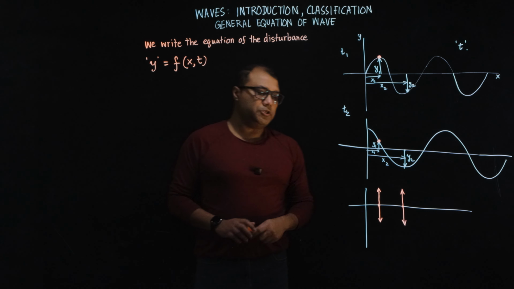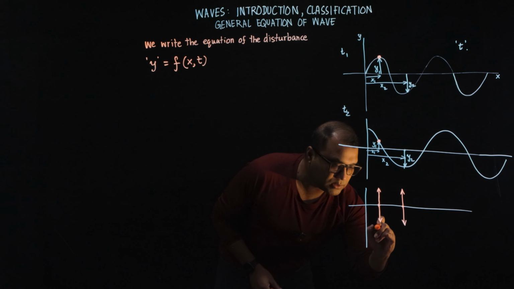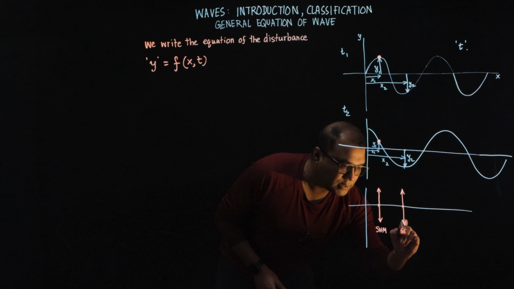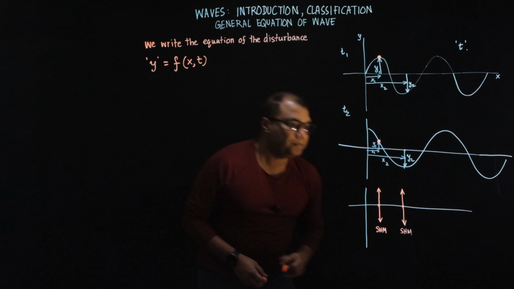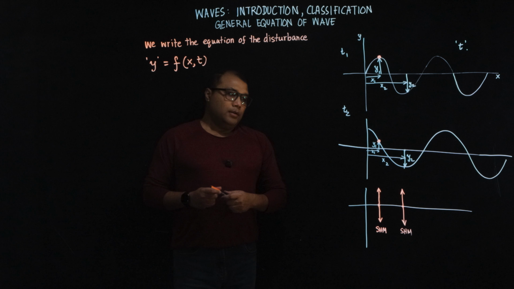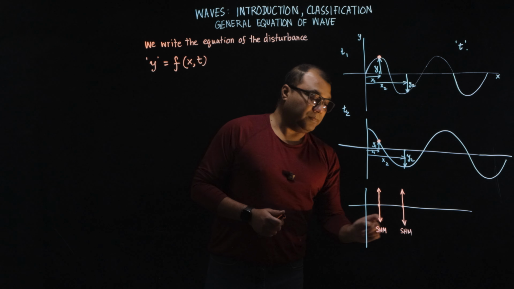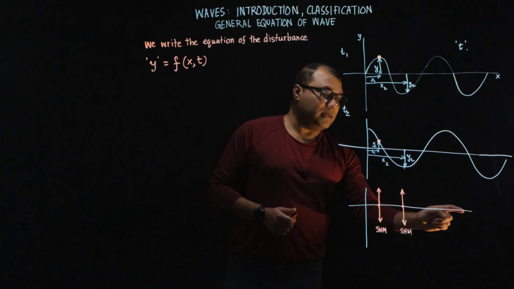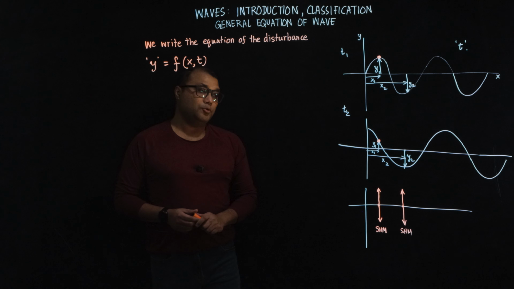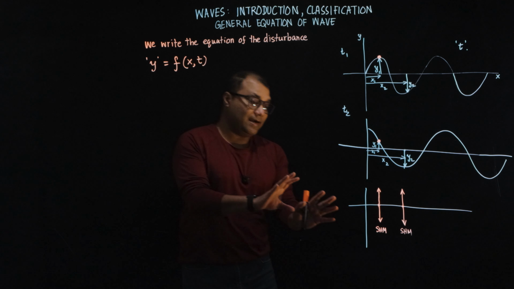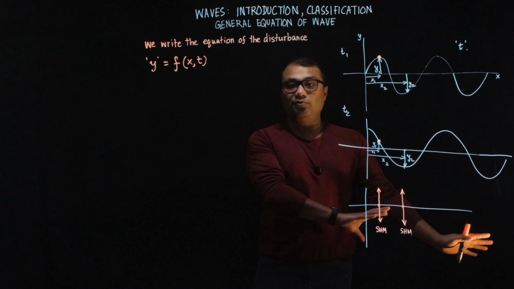Let's for a moment assume every one of these particles is performing simple harmonic motion. These particles are not moving along, the wave is moving, but each particle is performing a simple harmonic motion. So we can also say a wave is a collection of simple harmonic motions.